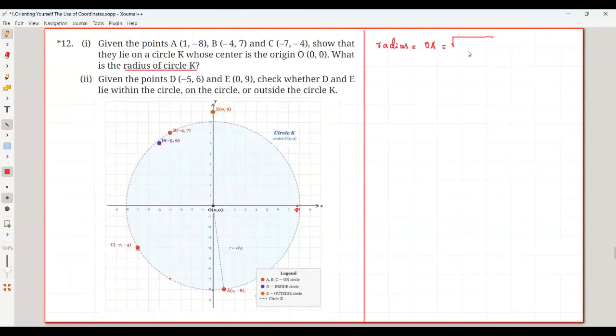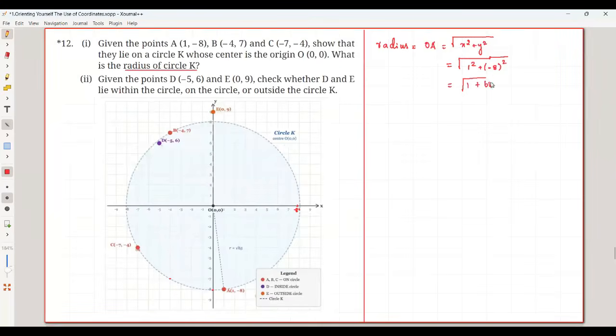OA is nothing but origin, so we can go with the formula square root of x square plus y square. X value, 1 comma minus 8 is given. So we'll just take it as 1 square plus minus 8, the whole square. So 1 square is 1 plus 8 square is 64.